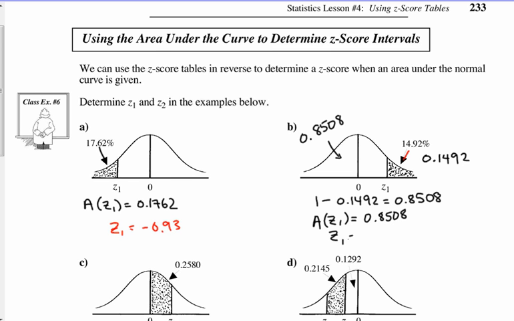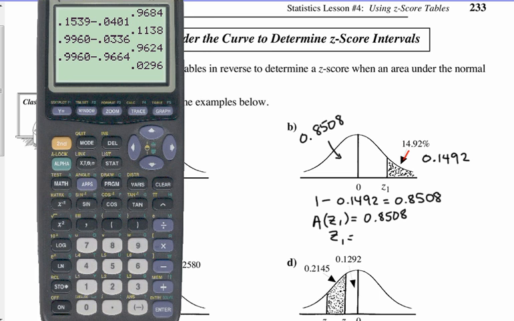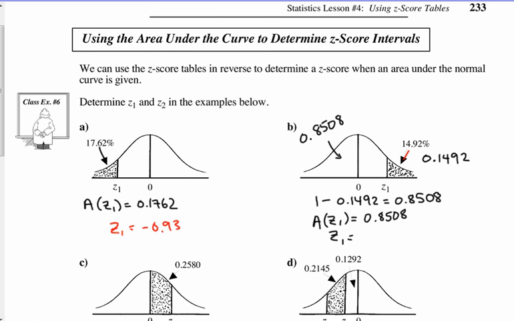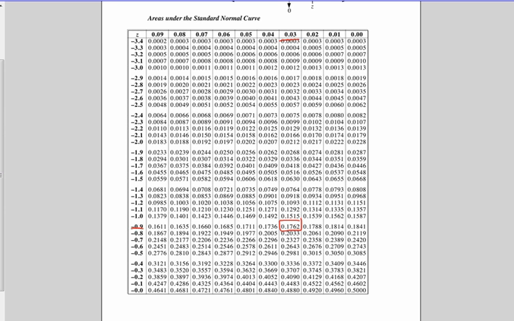And so what would our z-score have to be to give that area? We look up on our table, so 0.85. So we know it's going to be on the positive just by looking at it. So we can grab our chart here, and we want to go to the positive.